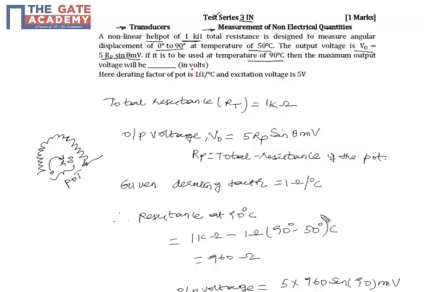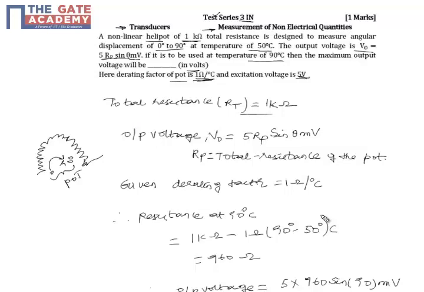So we have to be careful with the units. Here it is asked in terms of volts, and the derating factor of the pot is 1 ohm per degree centigrade, and the supply voltage is 5 volts. You can clearly see the total resistance of the pot is given as 1 kilo ohm, and the resistance degrades at a factor of 1 ohm per degree centigrade.